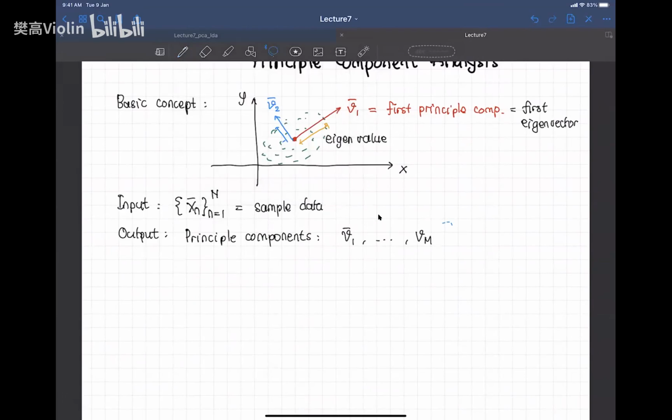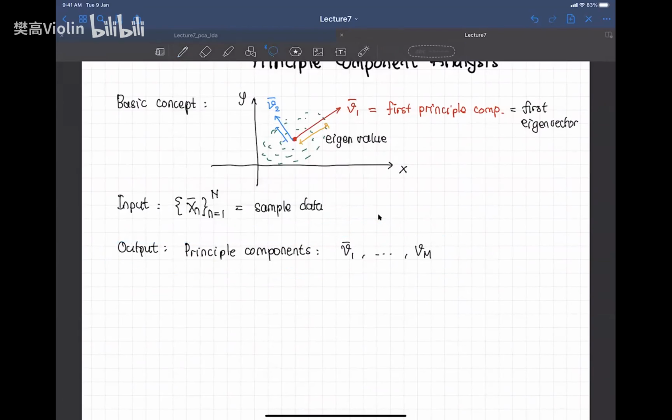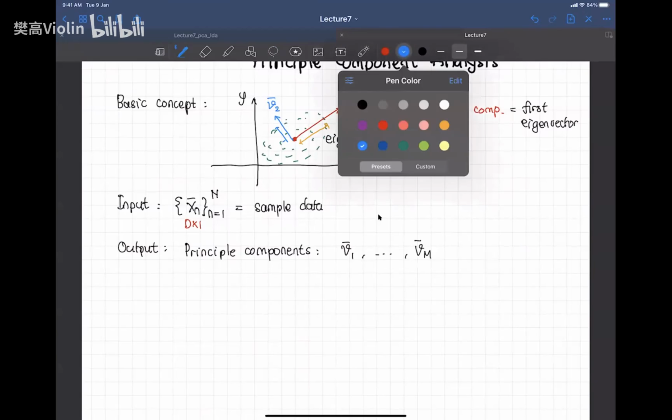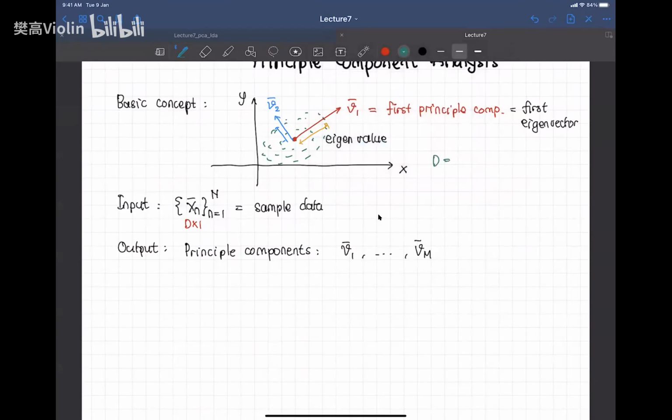Okay, so let's look at the dimensionality here first. Our data has the dimensionality of t by 1. So one point has the dimensionality of t by 1. And for our simple example here, t equals 2.